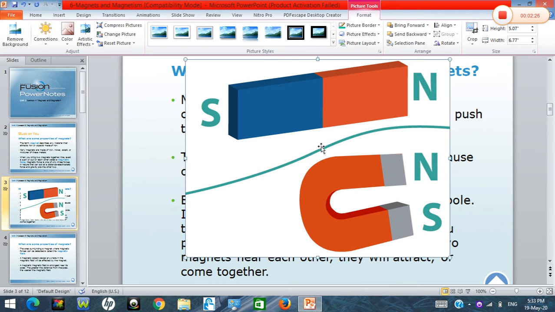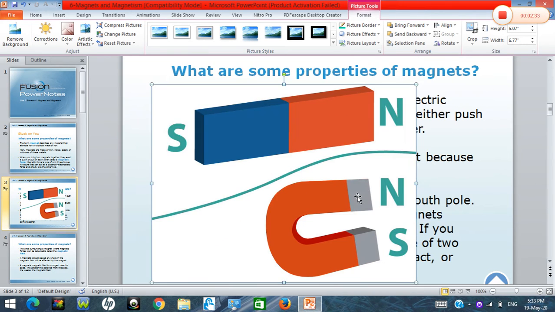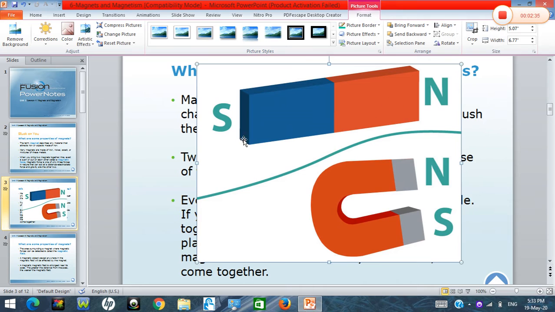You can see that the power magnet, like the chocolate bar, and the U-shaped magnet or horseshoe magnet, both of them are correct, consist of two poles, south and north pole.